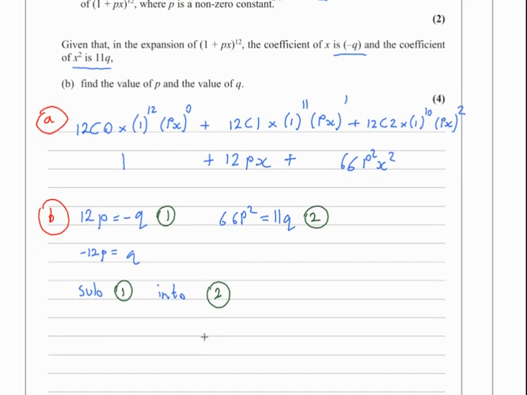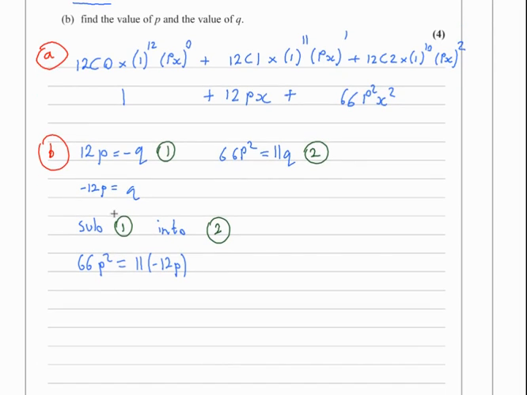So I have 66p squared is equal to 11 lots of q, but that's 11 lots of minus 12p. And then I now have an equation just with p.